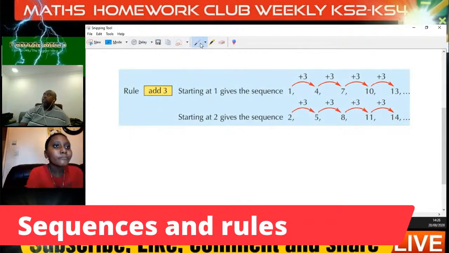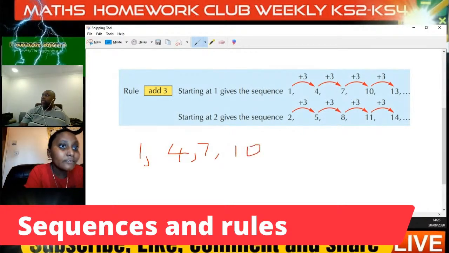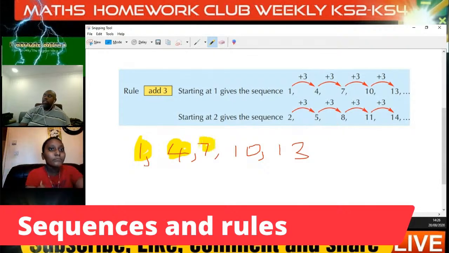We got our sequence here, which is 1, 4, 7, 10, 13. This number in the sequence is in the first place, this is in the second place, that's the third, fourth, fifth.